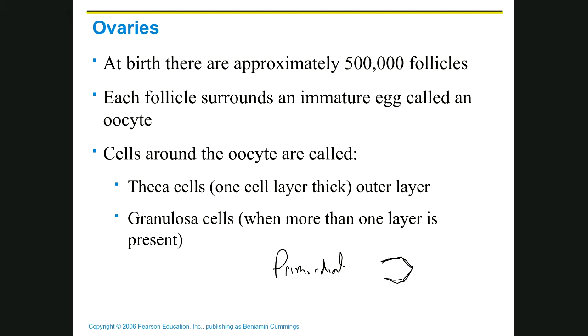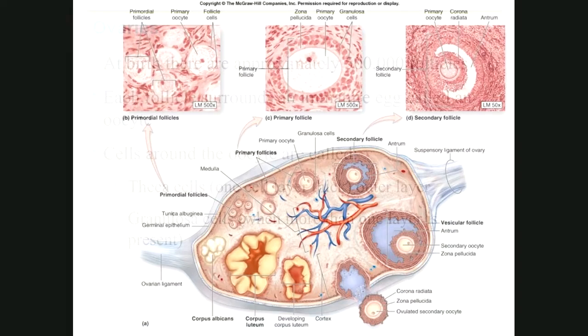So it's really, really thin around this oocyte. These cells here have a name. They're called theca cells. So if we look at this, there they are right there, or there they are right there. Those are those theca cells.